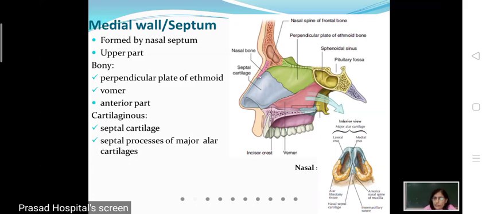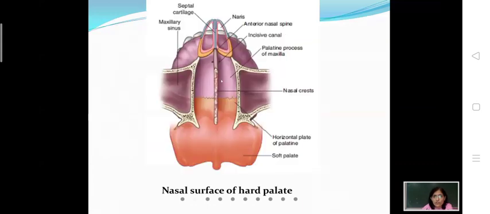Then the sphenoidal crest, a prominence present on the sphenoid bone. Sphenoid is not taught separately, so just remember that there is an elevation in the sphenoid called the sphenoidal crest. Then the nasal crest of maxilla and palatine bones, which I have shown you. These also form the nasal septum.